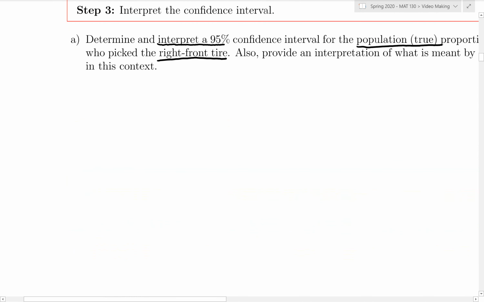Step 1 is looking at our alpha. Since we're looking at a 95% confidence interval, our alpha is 1 minus 0.95, which is 0.05. So we're interested in z alpha over 2, which is z of 0.025.